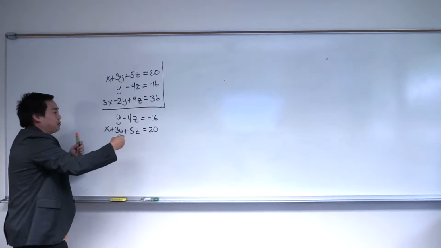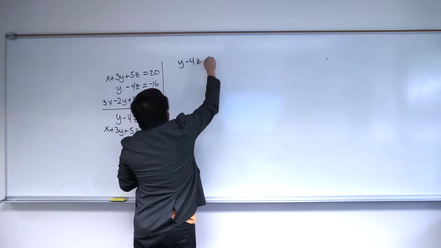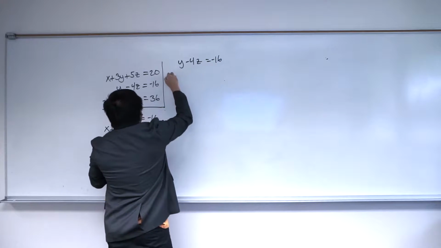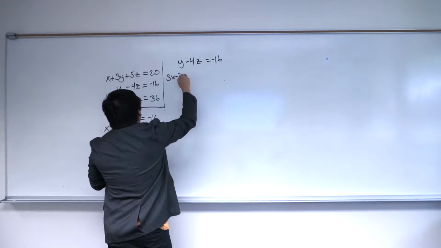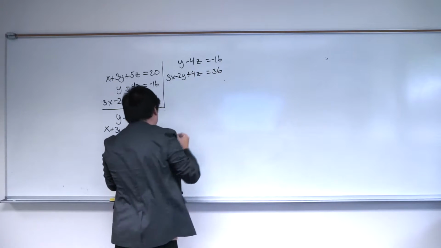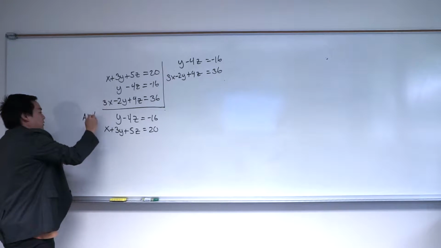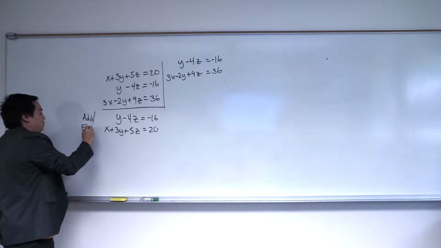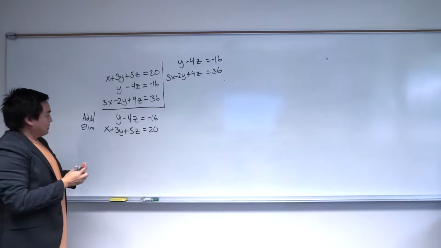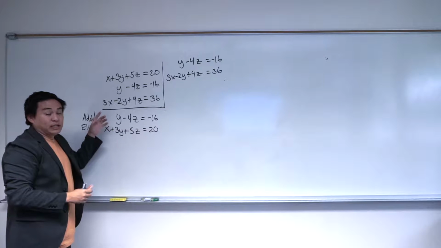Okay, so here's the first pair, and then the second pair will be written up here. In this addition or elimination, remember we're trying to add the variables together so that they cancel.